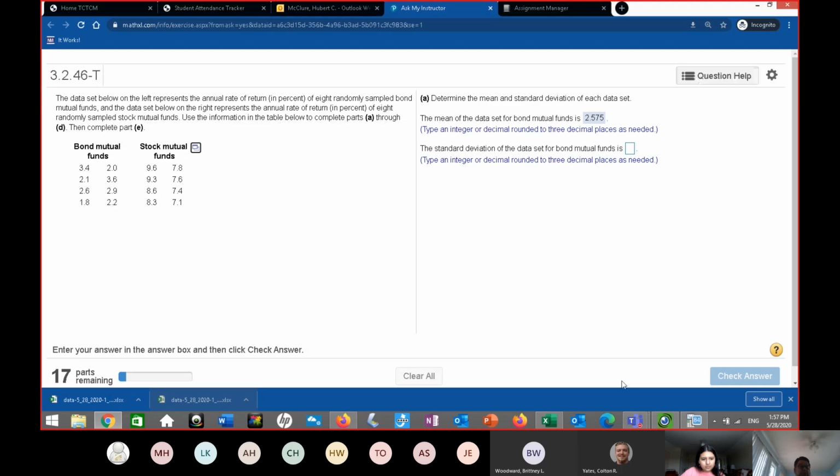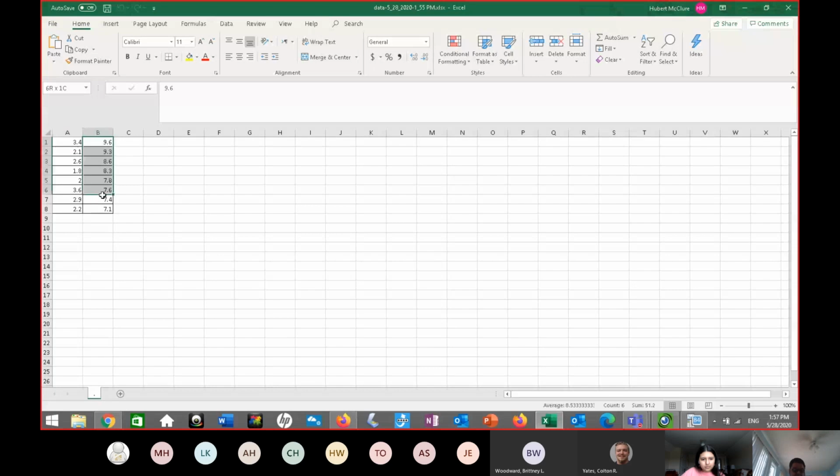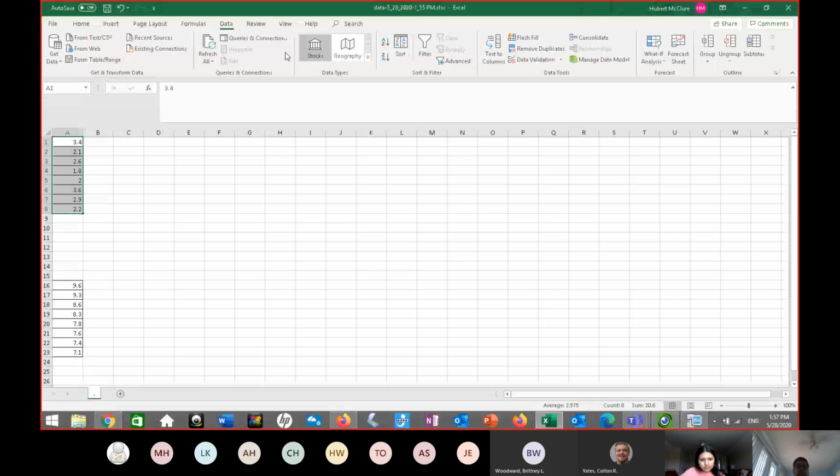So I'm going to move these. I'm going to Control X, Control V. I'm going to put these in order. Go to Data, go to A through Z. Everybody with me?